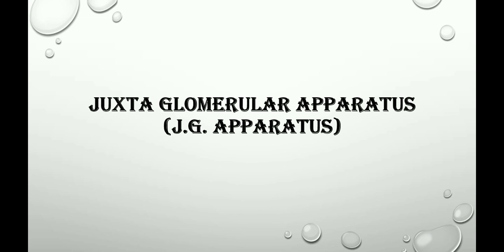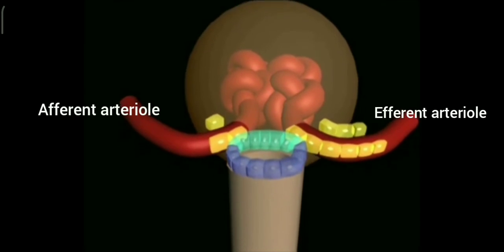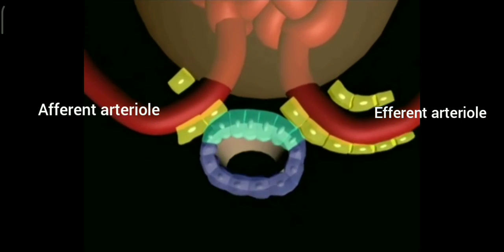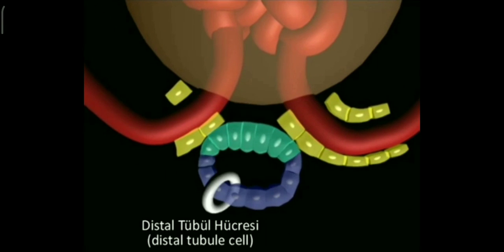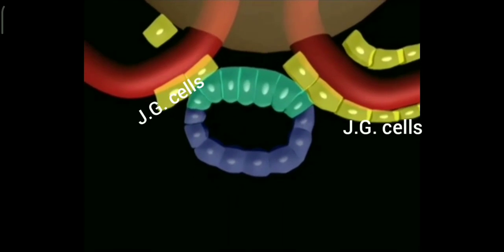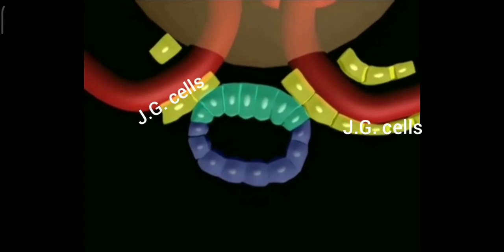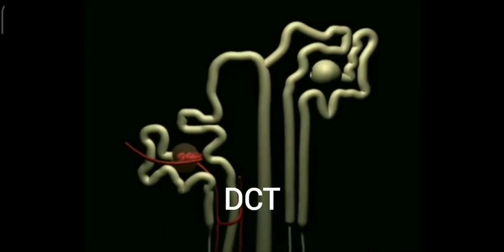J-G apparatus. Some smooth muscle cells of the wall of the afferent arteriole are modified in such a way that their sarcoplasm is granular. These cells are called J-G cells. In each nephron, the beginning part of the DCT makes contact with the afferent arteriole of the same nephron.